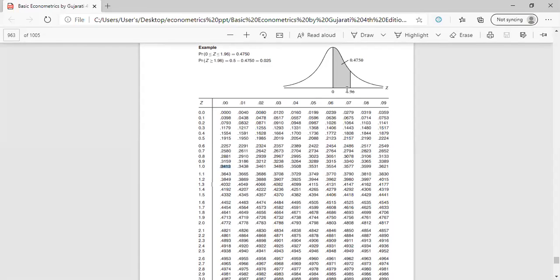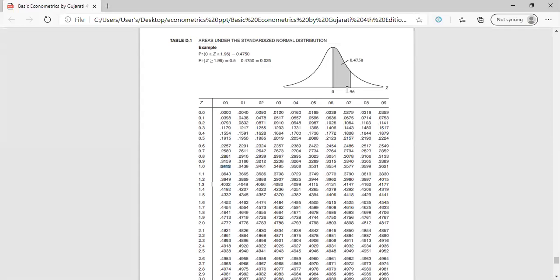So then what is the rest of the area? Rest of the area is more than 1. Yes, Professor, more than 1. I'm getting confused because, isn't 1 greater than 0.5? So why are we subtracting the value we got for 1 from 0.5?